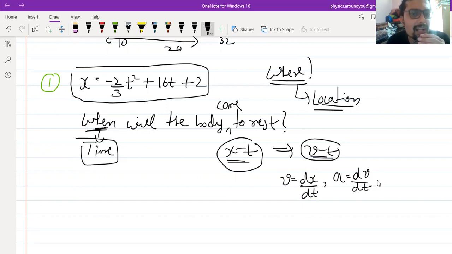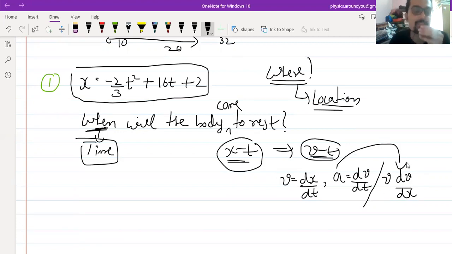Is there any alternate form of acceleration? Yes, it is also given by v dv by dx. Have I discussed this? I remember twice I have mentioned it in the class. Acceleration can also be expressed as v dv by dx. Does anybody remember the derivation? How is it v dv by dx?